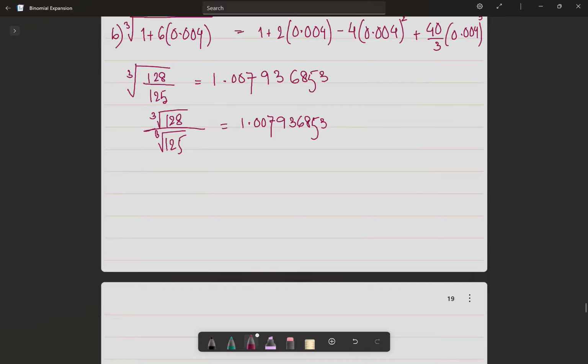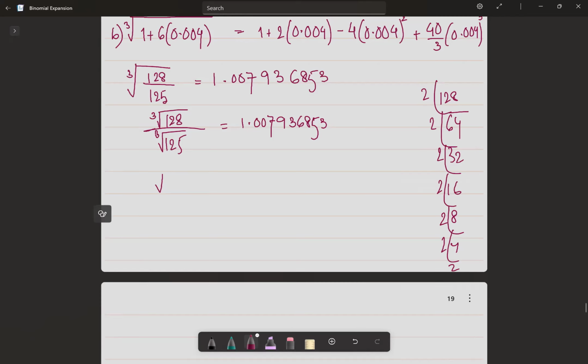See, we know that if we do a prime factorization for 128, you're going to get 128 divided by 2, that gives us 64. Then divided by 2 gives us 32. Divided by 2 again, 16. Divided by 2, 8, 4, 2. So 1, 2, 3, 4, 5, 6, 7, so 7 2s.